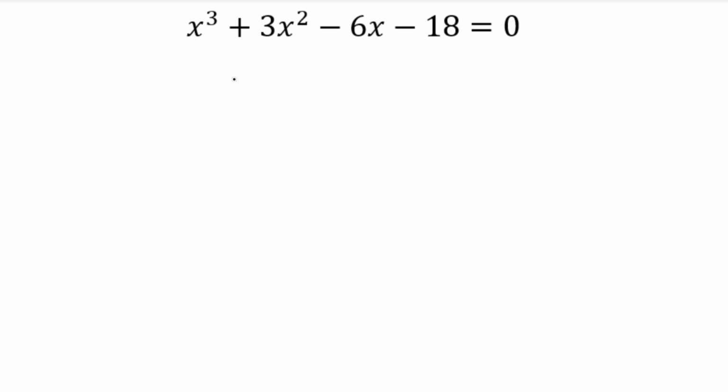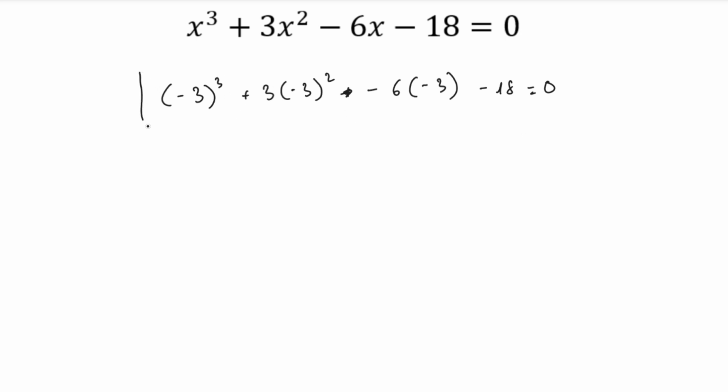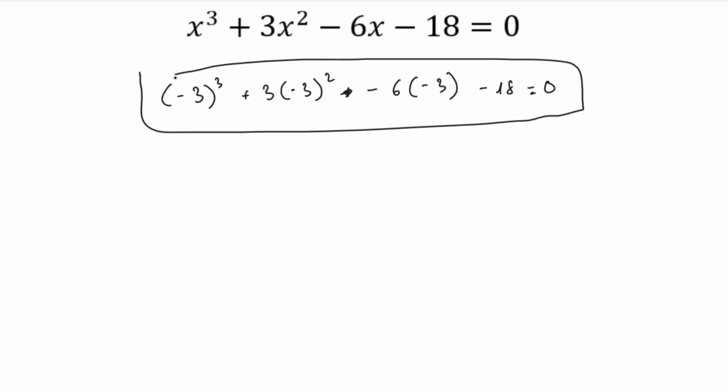The only thing I know is that -3 is a solution of this equation, because if you plug in -3, of course this equals 0. You could check with your calculator.